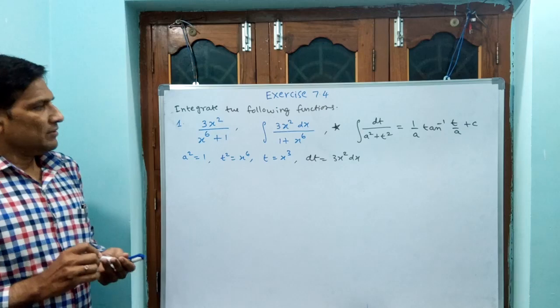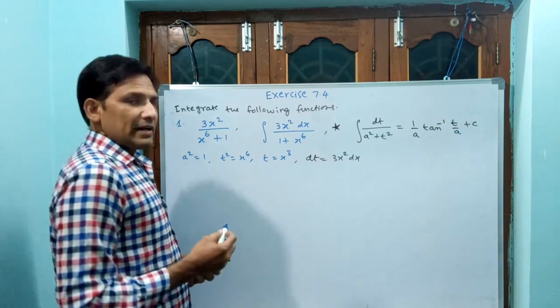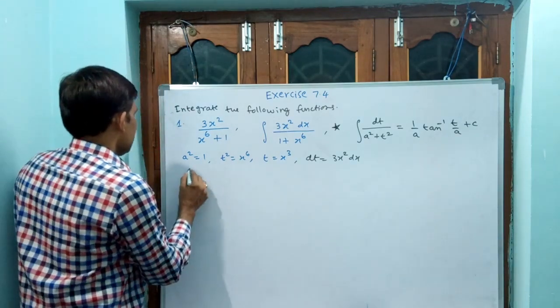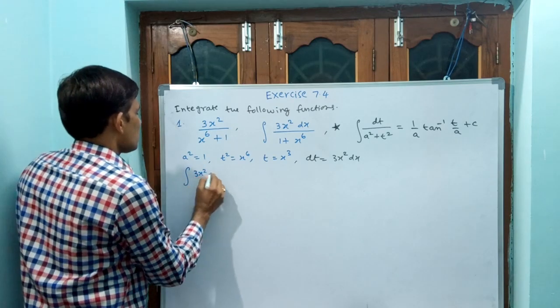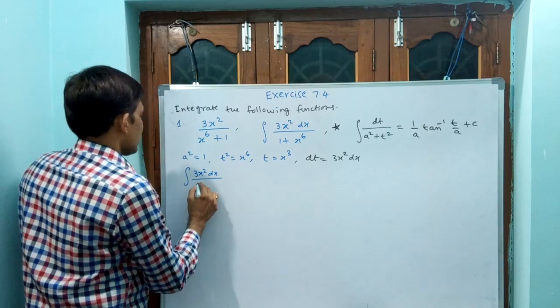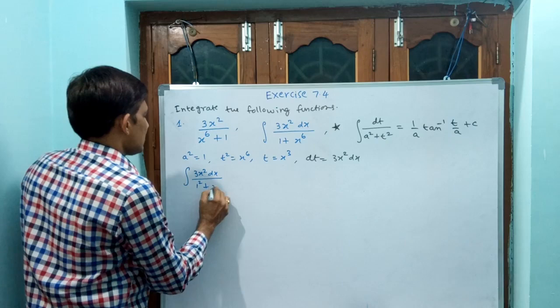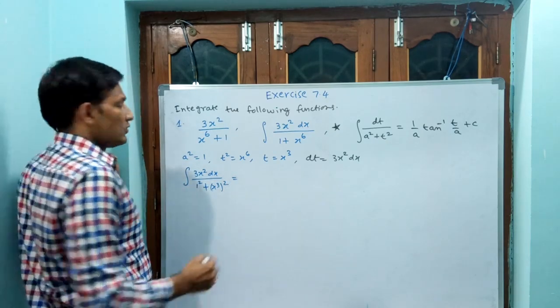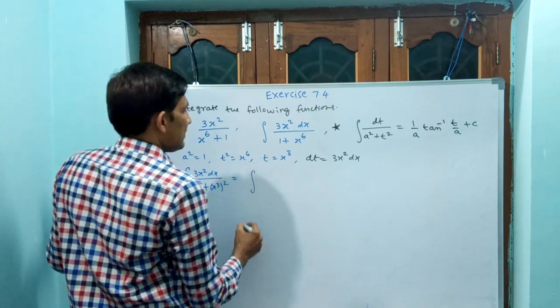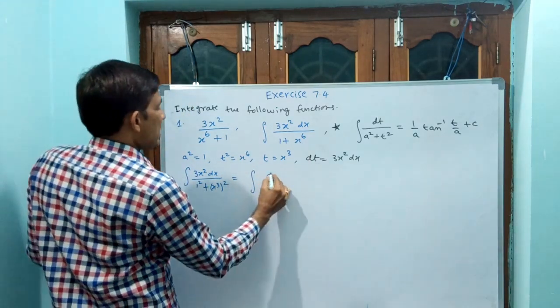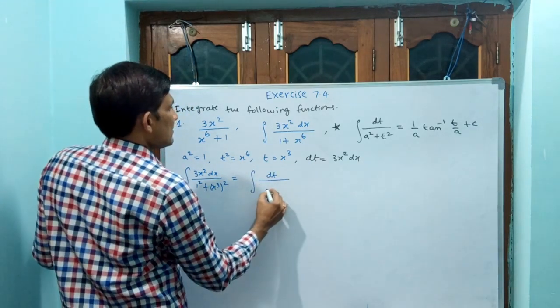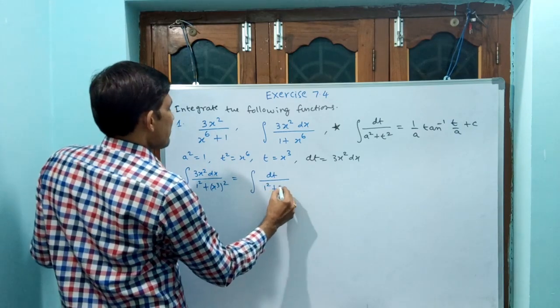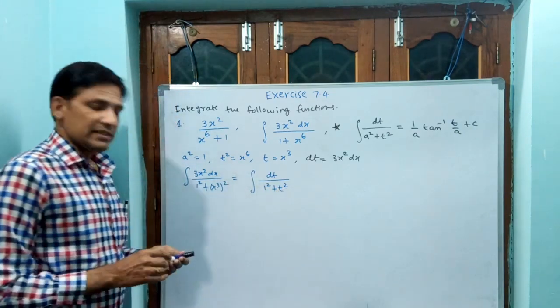Then you proceed. You see what I am doing. Integral 3x square dx by 1 square plus x cube whole square is equal to integral dt by 1 square plus t square. Is it okay?